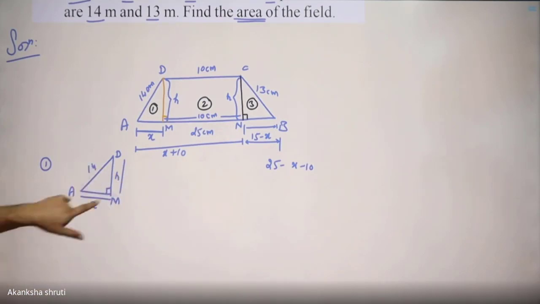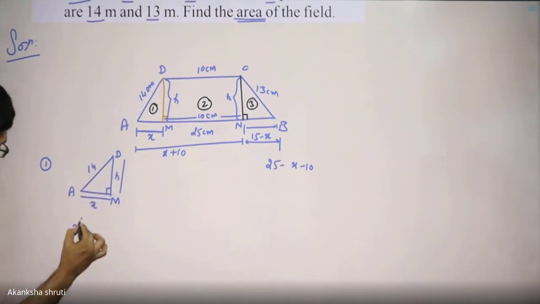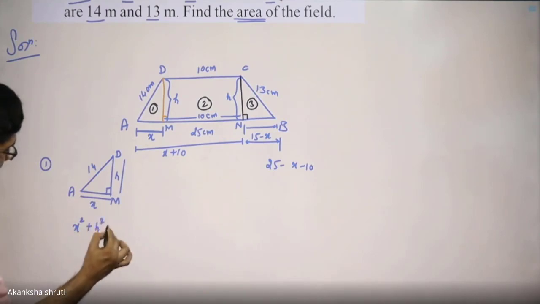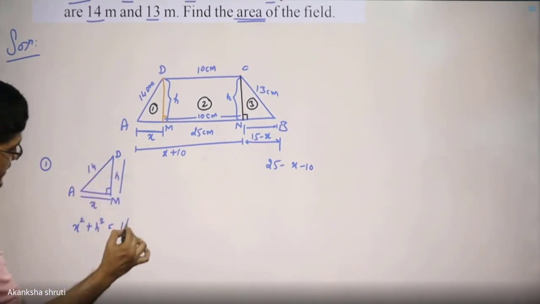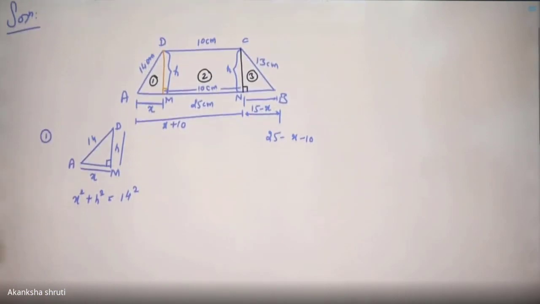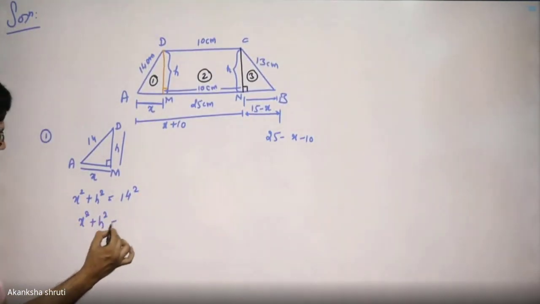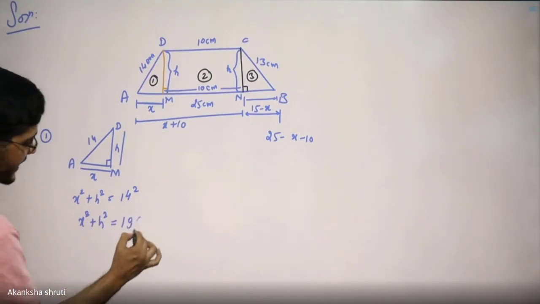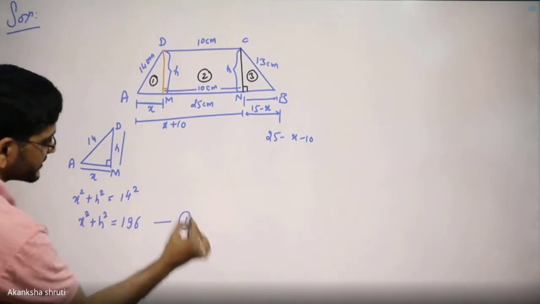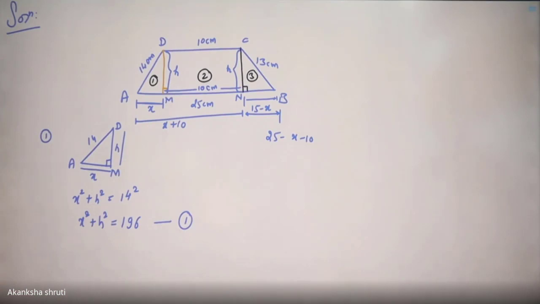We can write: base x squared plus h squared equals the hypotenuse 14 squared. So x squared plus h squared is 14 squared, which is 196. Take this as equation 1.